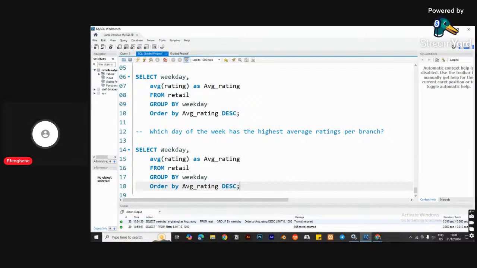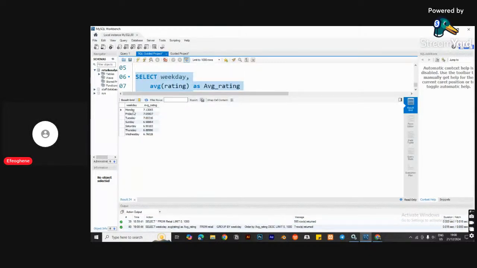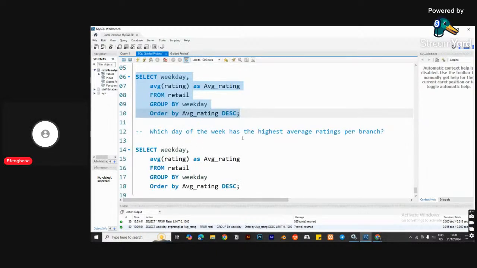We're still going to maintain the same queries. Which day of the week has the highest average rating? So we just run this query and see what the question is asking now. Which day of the week has the highest average rating per branch?